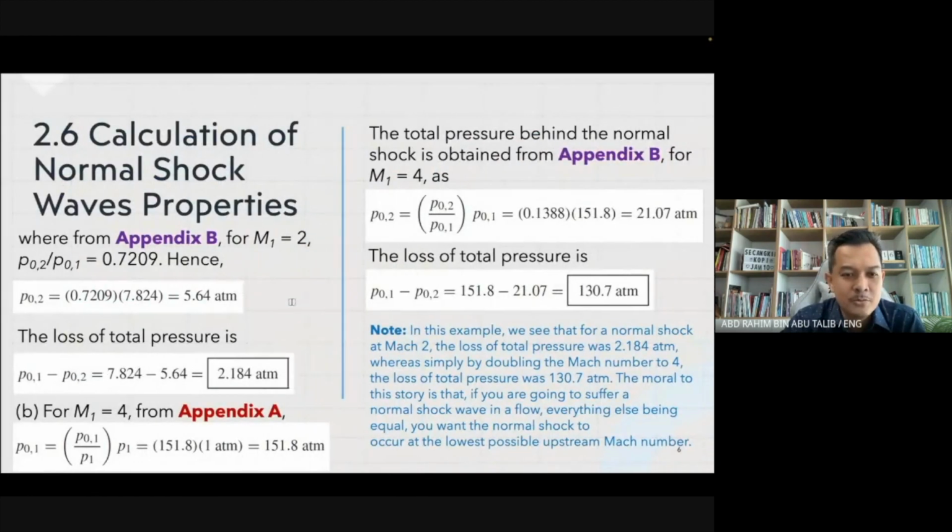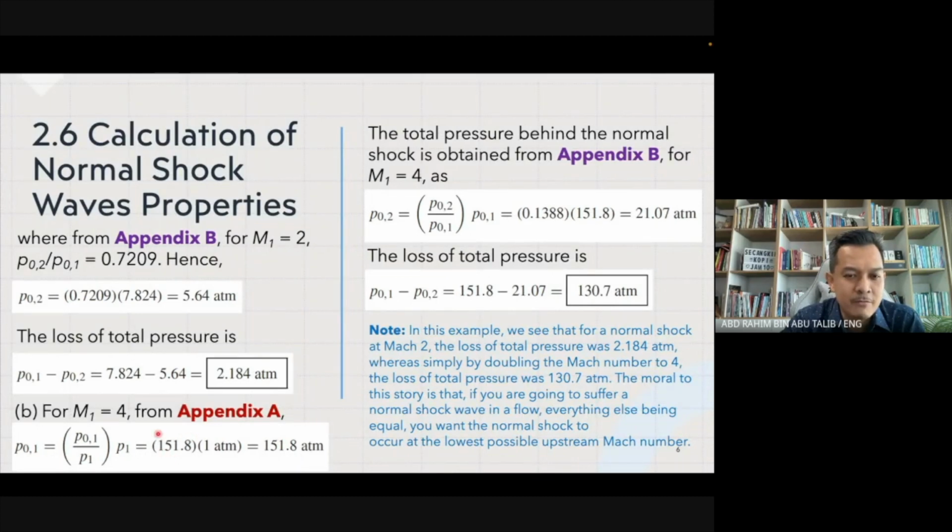This is the value that I read just now, 151.8. I understand that sometimes you make mistakes and read the wrong values from the appendix, and then you will get wrong answers. That's why we want to be careful about which values need to be extracted from which table.